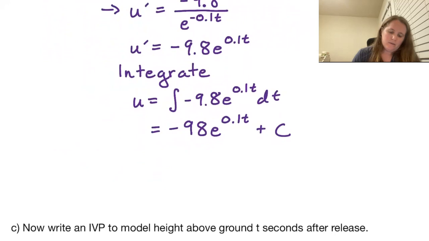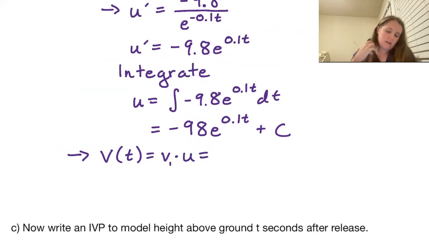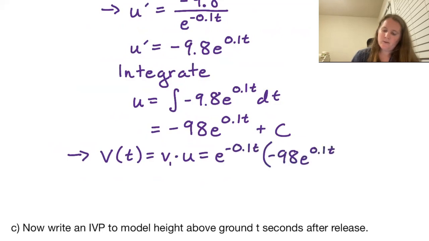We then have V of t is V1 times U. So we have e to the negative 0.1 t times negative 98 e to the 0.1 t plus c.